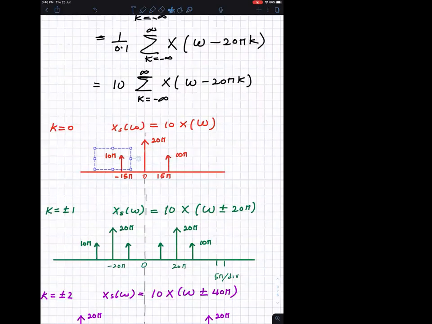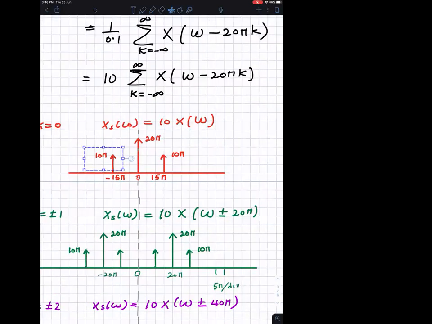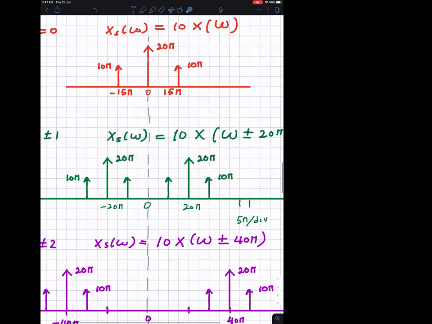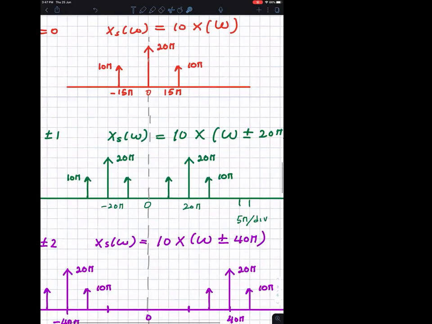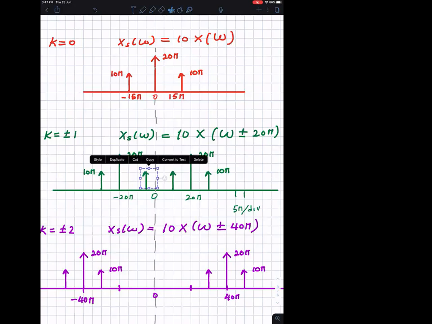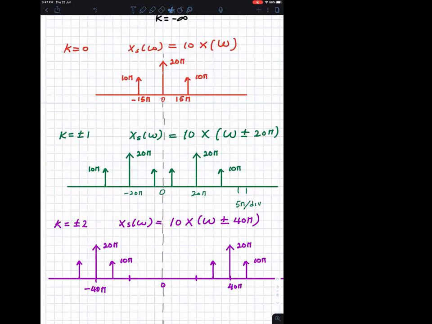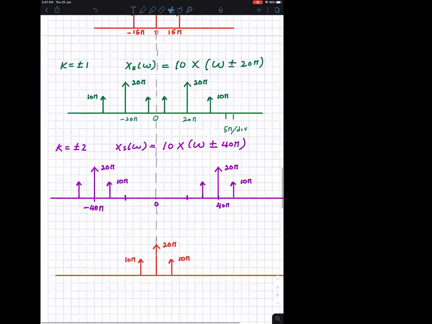Minus 5, minus 10, minus 15. So in that case, every one of these has to be moved this way. That's why you have to scale it properly. Otherwise, when you put them all together, you will get overlappings, which will be misleading.